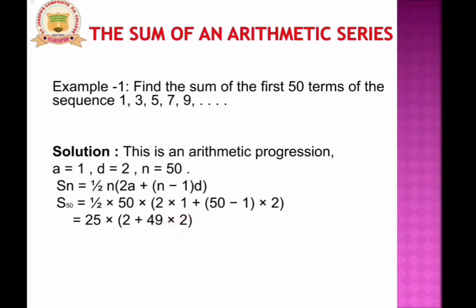Again 25 as it is, 2 plus 49 into 2 is 98, 98 plus 2 is 100, 100 into 25 is 2500. So the sum of the first 50 terms of the sequence is 2500, which is the required answer.